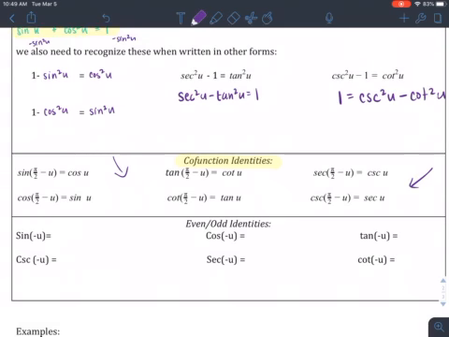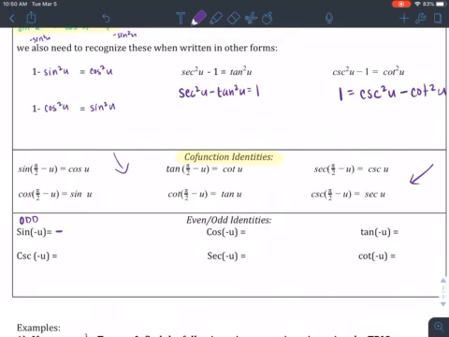Lastly, we have even and odd functions. If you remember, sine is an odd function, so the sine of negative u is equal to the negative sine of u. And because cosecant is its reciprocal, it is also an odd function.